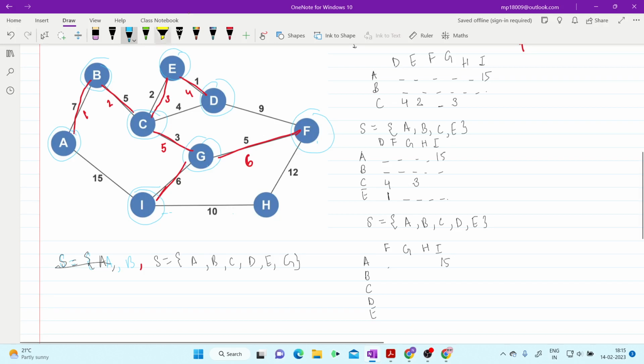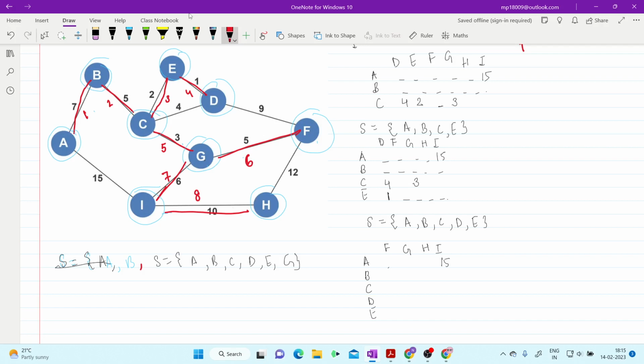Yes. And if we now count the number of edges, 1, 2, 3, 4, 5, 6, 7, 8, and there are 9 vertices. So we have found our minimal spanning tree, and we exactly know which edge is added at which iteration.